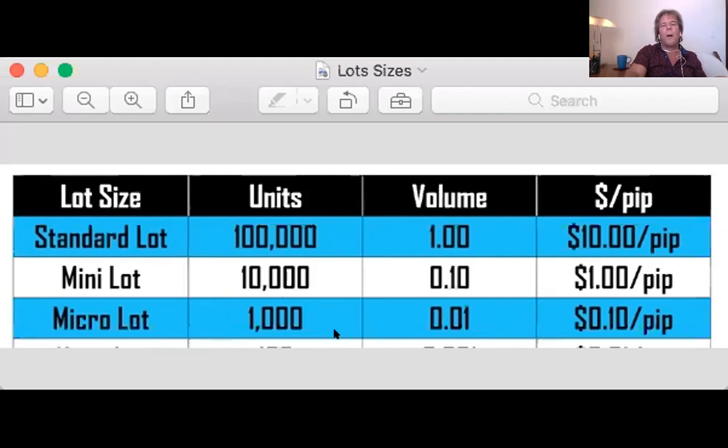That's just a rule of thumb to go by. If you have $10,000 in your account, you can use a 0.1 lot size. If you have $20,000, you can have a 0.2 lot size, and up from there.